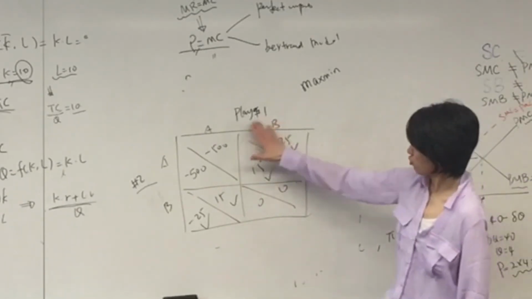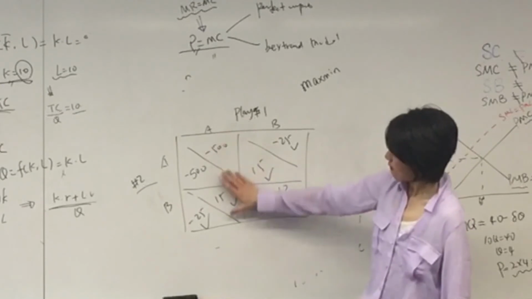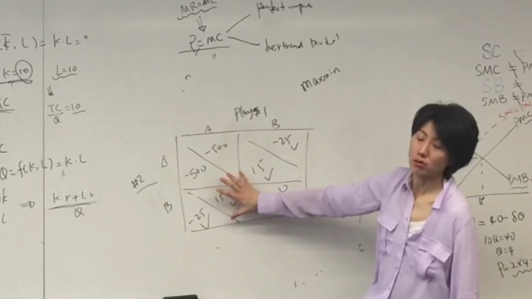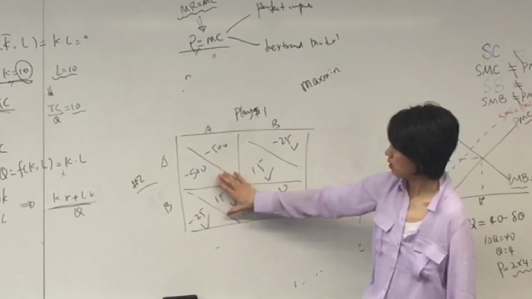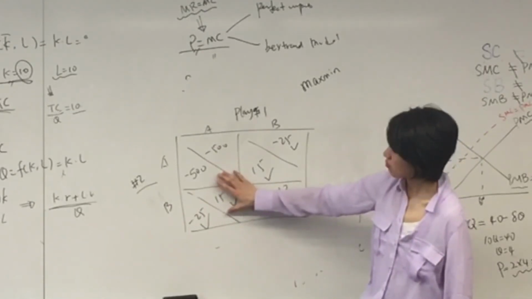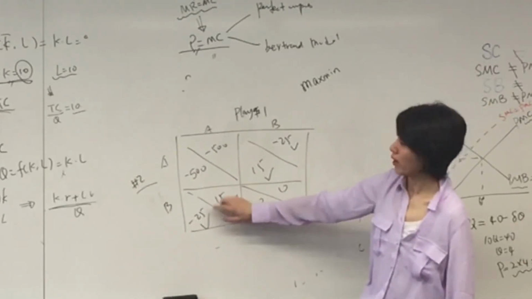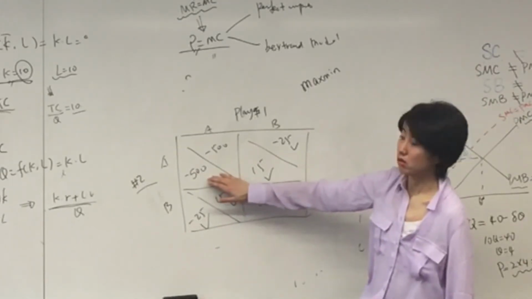If player 1 chooses A, player 2's maximin strategy will be to choose B, right? To avoid the greatest loss.